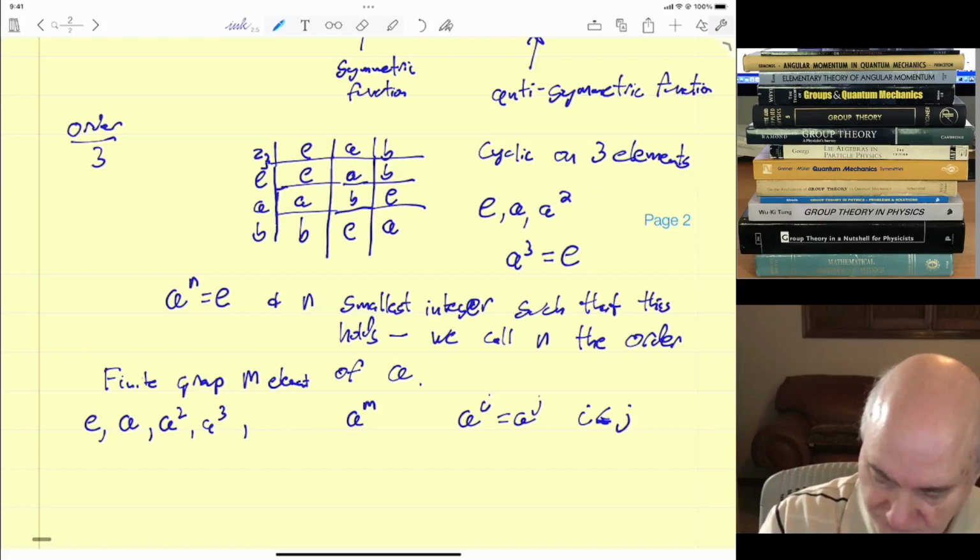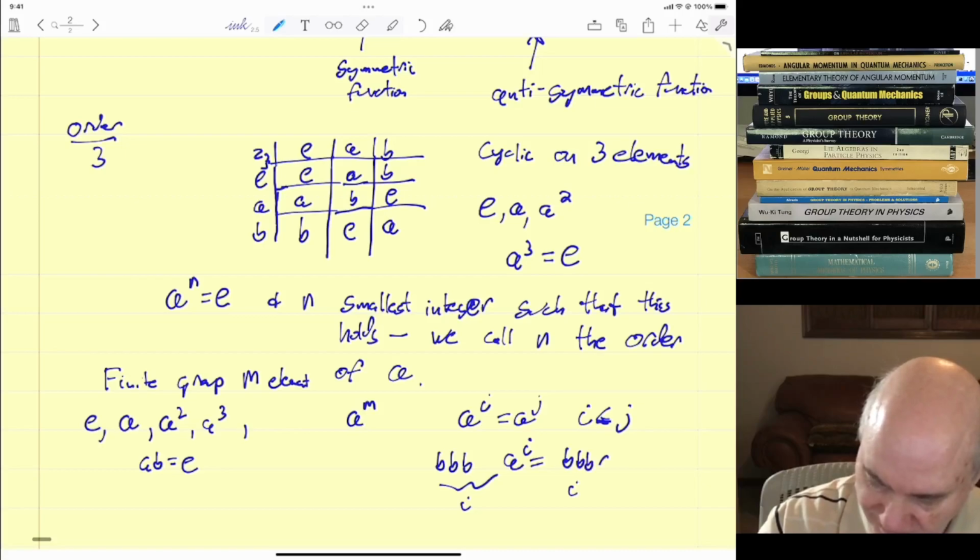And then you can just keep multiplying by the inverse of a. Let's say the inverse of a is b, say ab is equal to e. We know every element has an inverse. So I just keep multiplying this by b, i times.